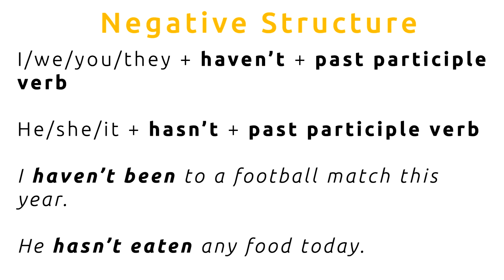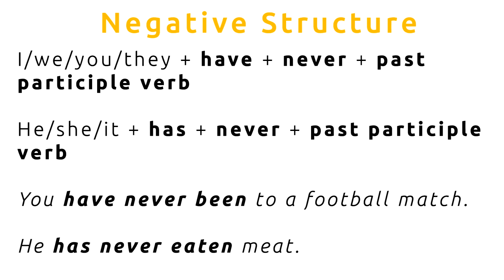Now, there is another negative structure that we're going to look at using never. So we use I, we, you, they, plus have, plus never, plus past participle. It sounds very confusing and long, but when we get to the example sentences, you'll know how to use them.